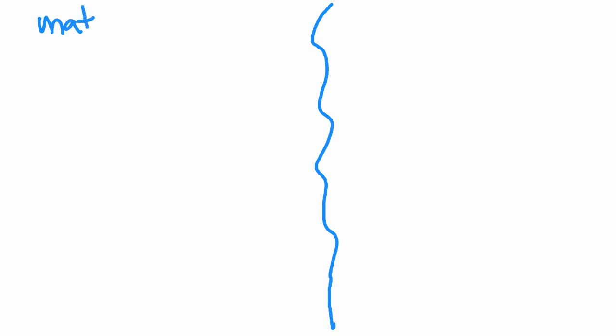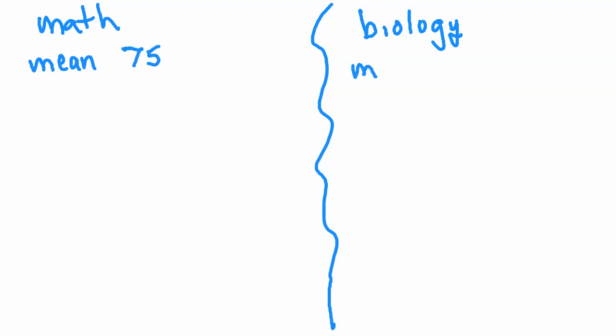Let's say I have a math test and I have a biology test. And say the mean on the math test was 75 and the mean on the biology test was 55. We don't even know if it has to be out of 100.